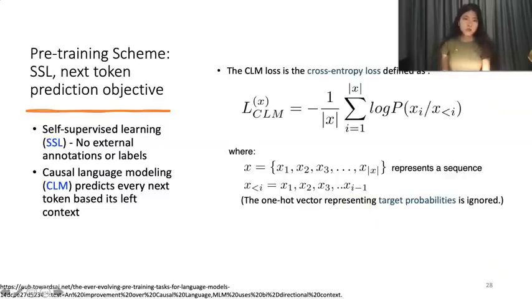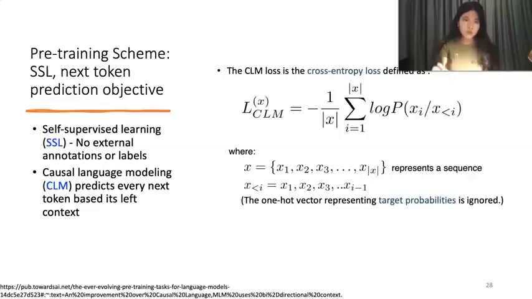So here, just for a brief recap, this is the loss function for the causal language modeling. Let's just keep in mind that causal language modeling is self-supervised learning. So basically, self-supervised learning means that you don't have external annotations or labels.